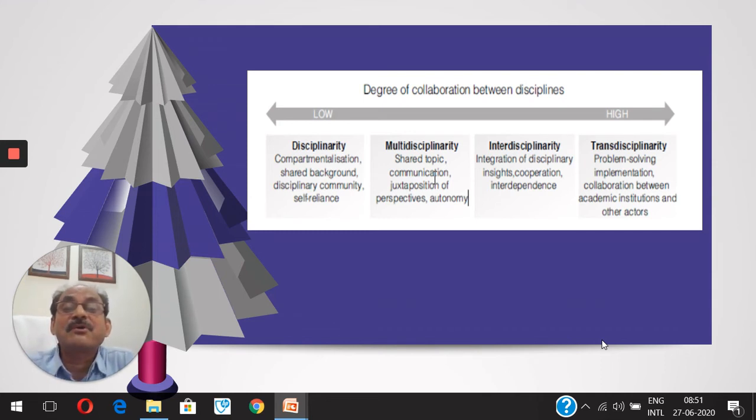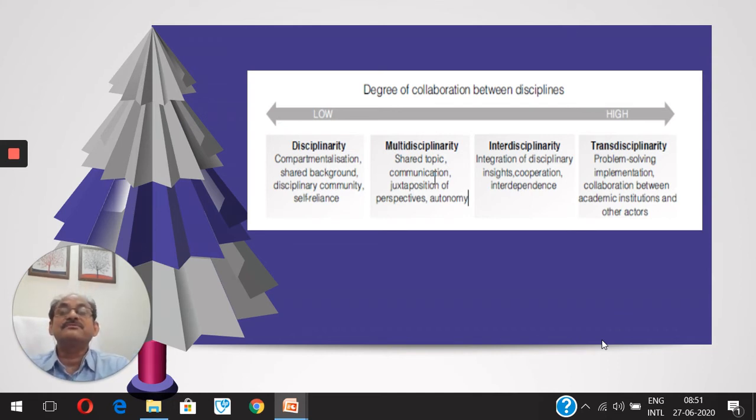Multidisciplinarity means shared topic, communication, juxtaposed positions of the perspectives, and autonomy. Interdisciplinarity is connected to the integration of disciplines, incorporation, and interdependence. And transdisciplinarity means problem solving, implementation, collaborations between the academic institution and other actors.